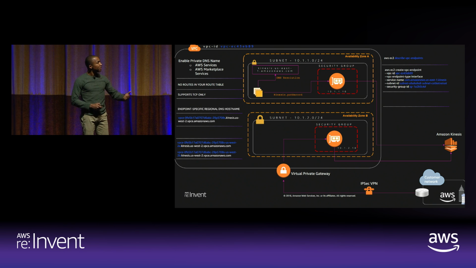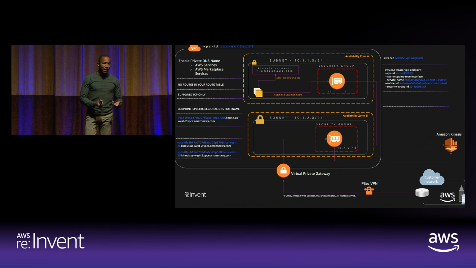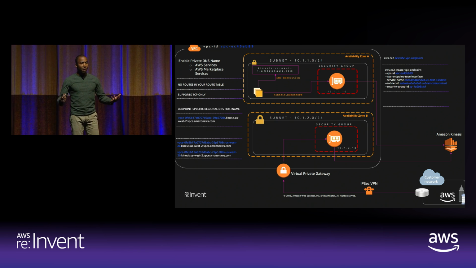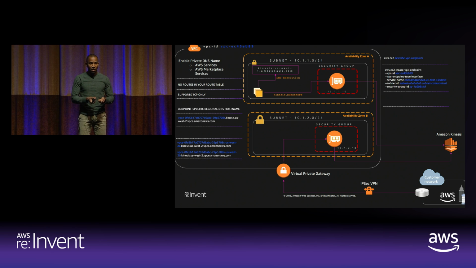Now, once you create your VPC interface endpoint, we generate DNS hostnames for you, generally in 3 categories. The first is just an endpoint hostname that you can use to actually communicate with a particular service. The second are specific availability zone hostnames, so that you can build inside your environment or your application zones.